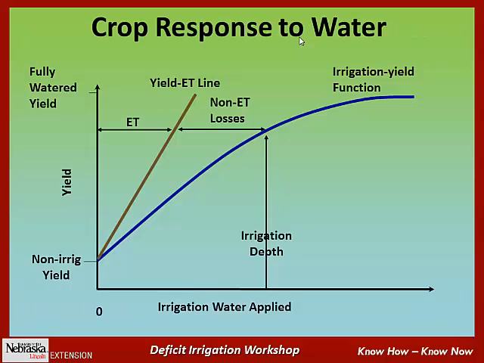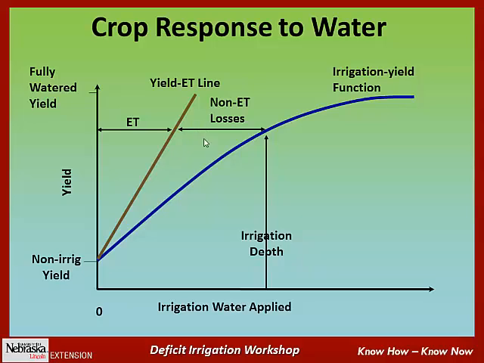In order to evaluate this, we have to look at the productivity of the water. How much yield do I get for the water that I use? And we look at this in a couple of ways. You're probably going to see this slide so many times a day you get nauseous of it. But we can look at the relationship between yield and ET, and I'll show you data here in a minute that these lines are linear for all the crops that we're really going to consider here in the Great Plains.